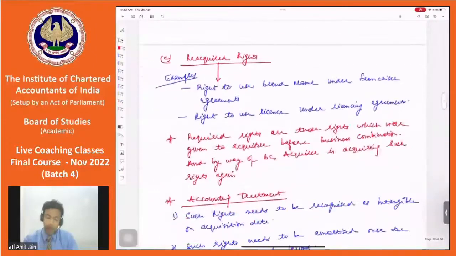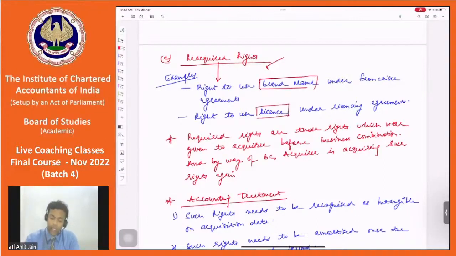Then we have talked about reacquired rights. This is a case where a right has been given, where a contract has been entered into before the acquisition date with the other party, for using the brand name or for using a license. Now, since I'm acquiring that company again, those rights are coming back to me.